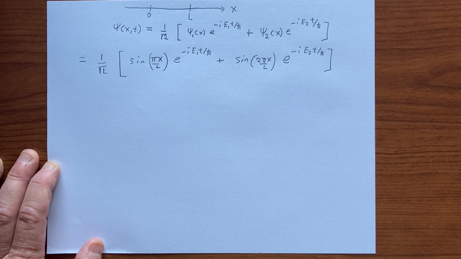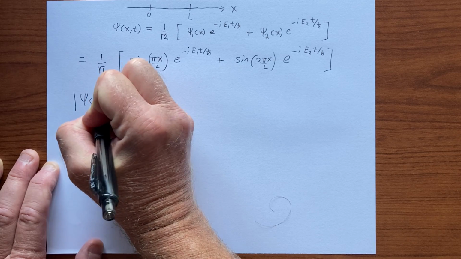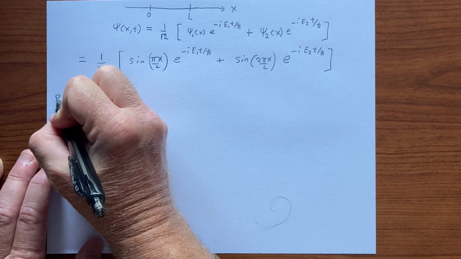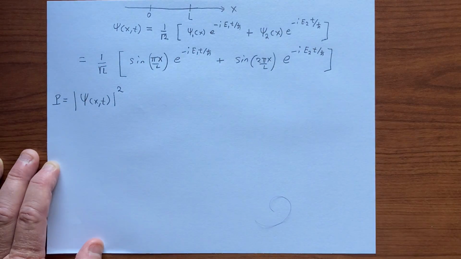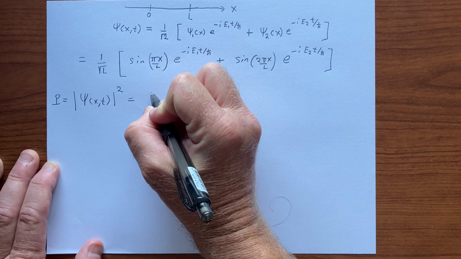And now we can consider the probability density, and we'll see how this varies with time. So let's consider psi of x and t modulo squared. This is the probability density. And that looks like what? So we're squaring this.